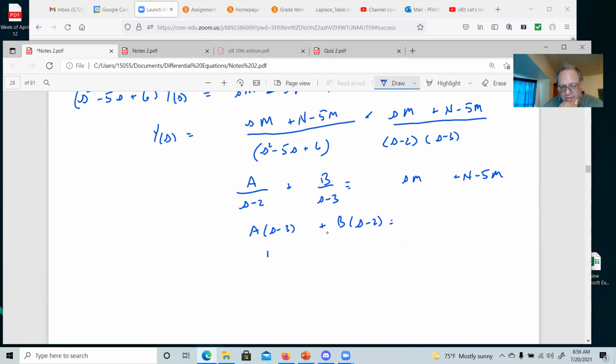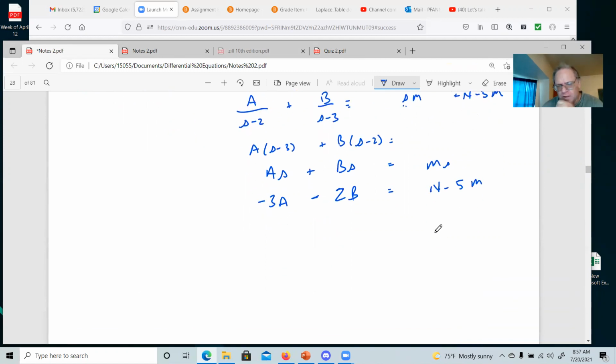And we have As plus Bs is equal to ms, this one, s. And then we have minus 3A minus 2B, and that was equal to n minus 5m.